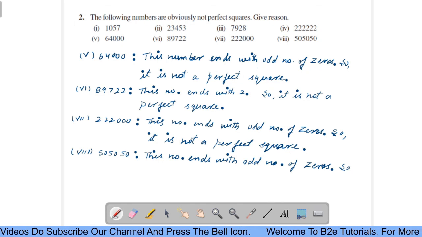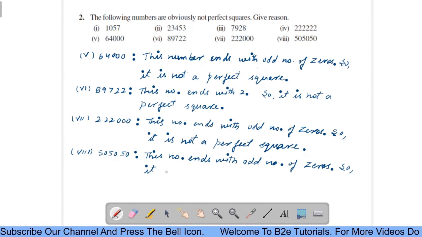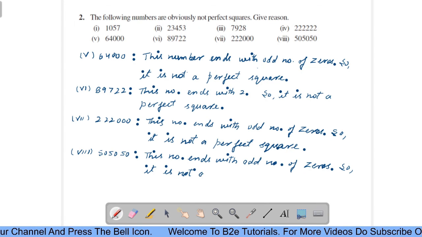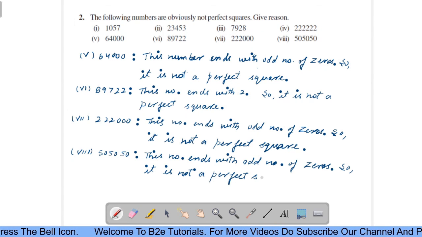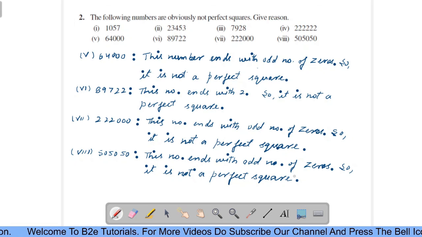So it is not a perfect square. Come to the next question.